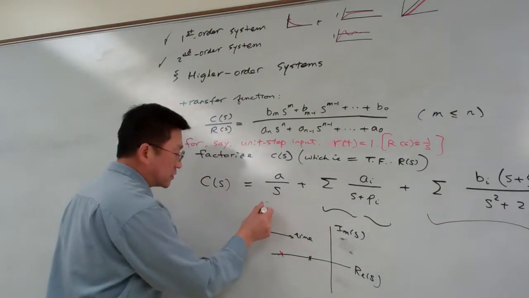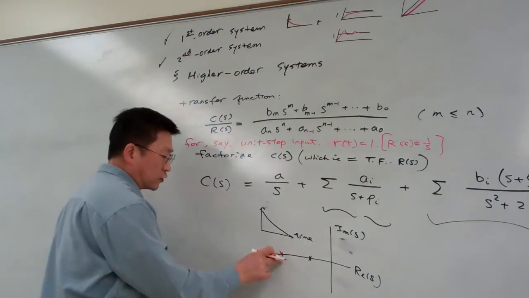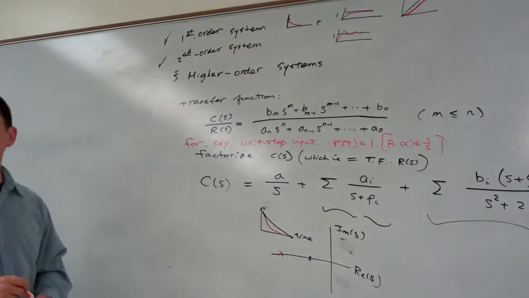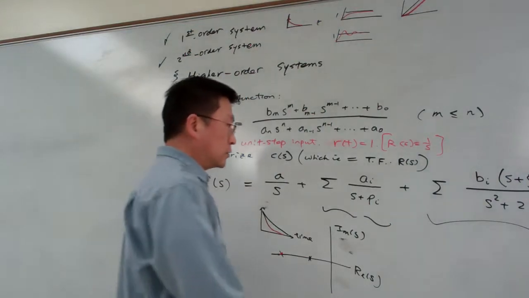For this case, the system response will decay that fast. Corresponding to the pole here, the system response will decay faster. Here we can only do a schematic.